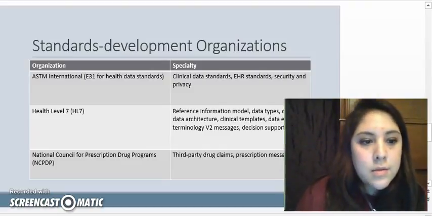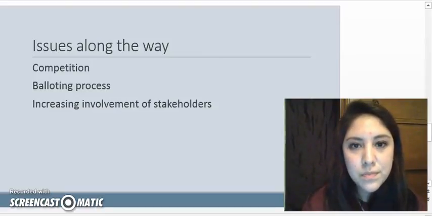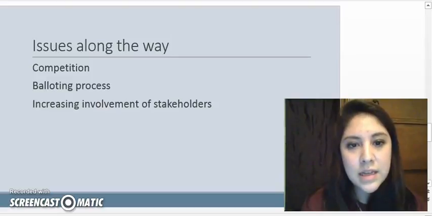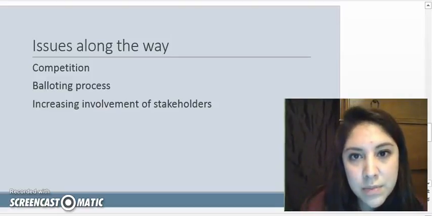Just like with anything else, there are issues along the way. The three that I found the most distinguished in this article: competition, the balloting process, and the increasing involvement of stakeholders. So among those, as more organizations enter the business of creating health data standards, there is increasing competition.